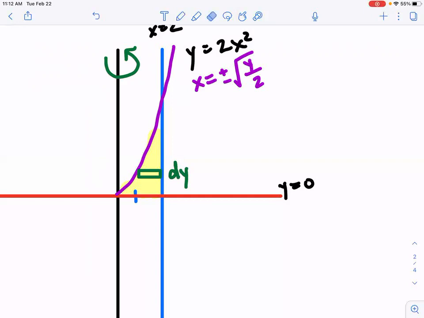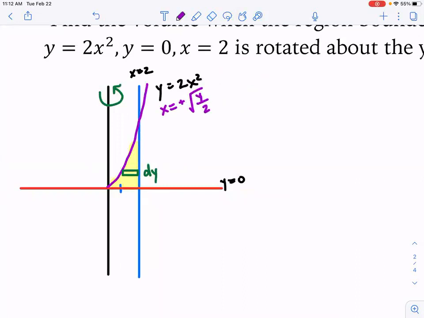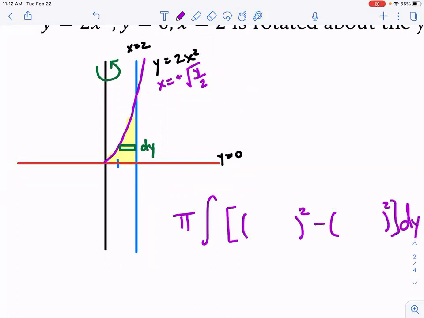The positive, okay? If we had both sides of the parabola, one would be the positive, one would be the negative. All right, so here we go. We have pi integral of R squared minus r squared h. Well, now our h is dy.